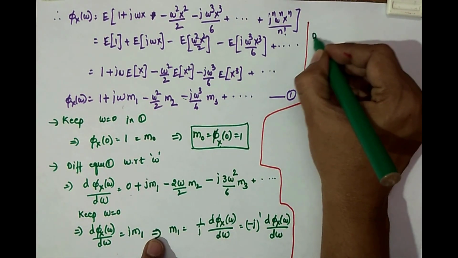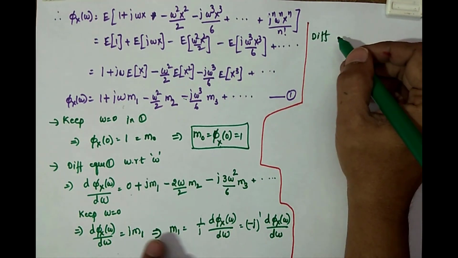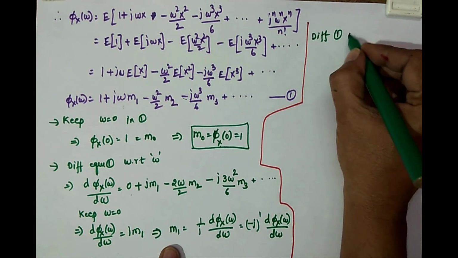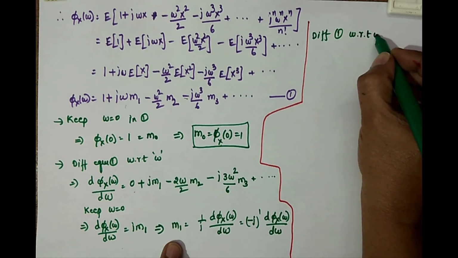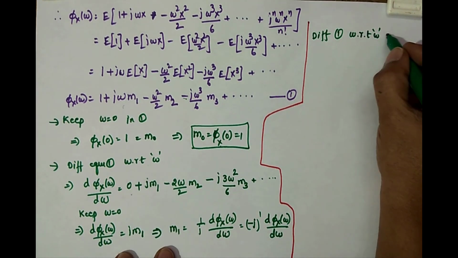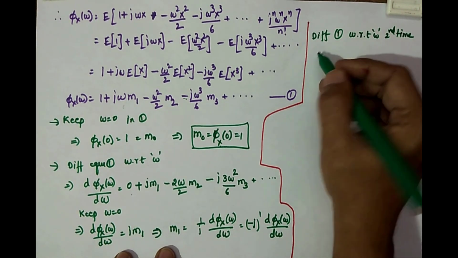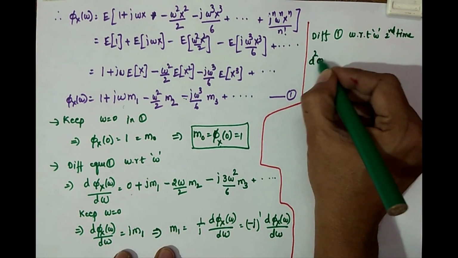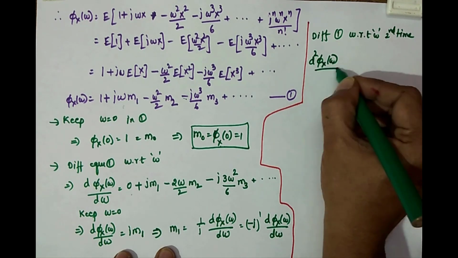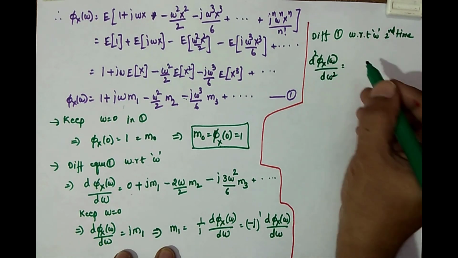Now differentiate this with respect to omega a second time. What's the meaning? You must do d square phi x of omega by d omega square. Differentiate 2 times.